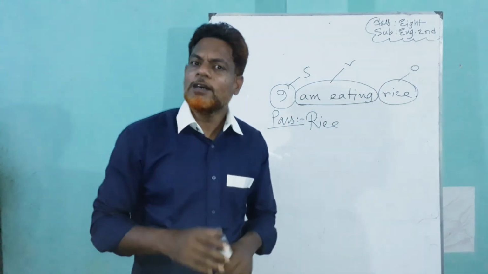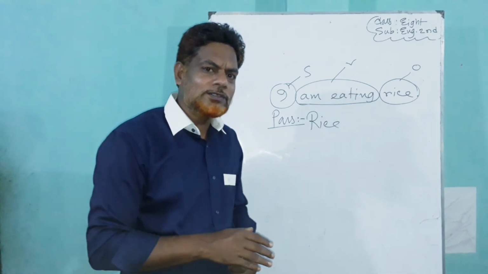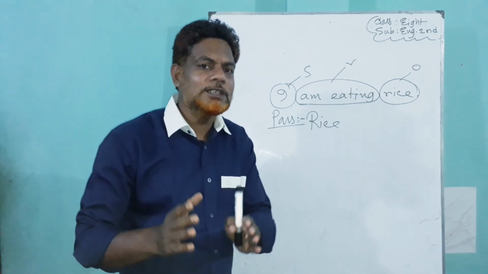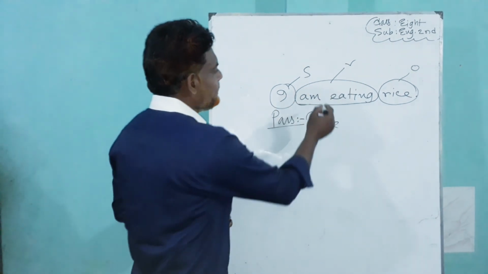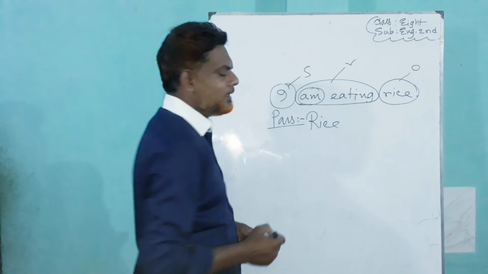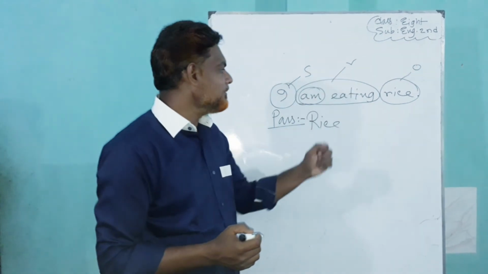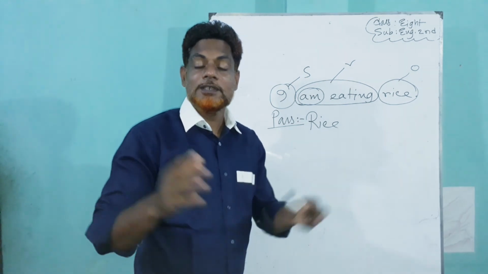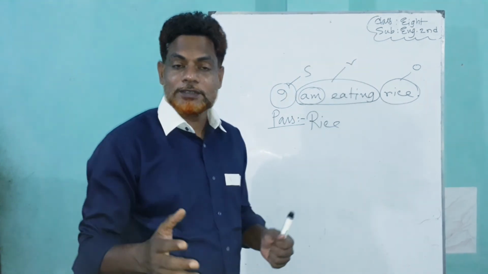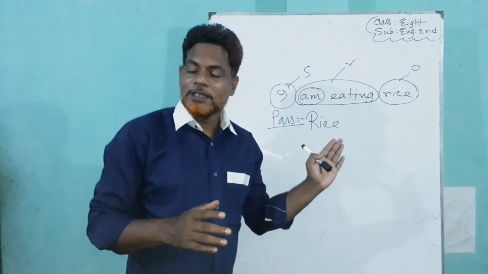Then we have to write the auxiliary verb. But before writing the auxiliary verb, you have to see which auxiliary verb is available in the active voice. You can see am is the auxiliary verb in active voice, eating is the main verb. So am is be verb.